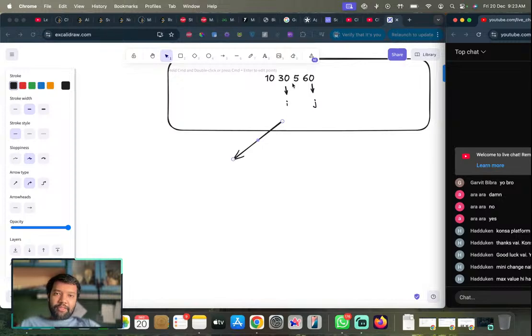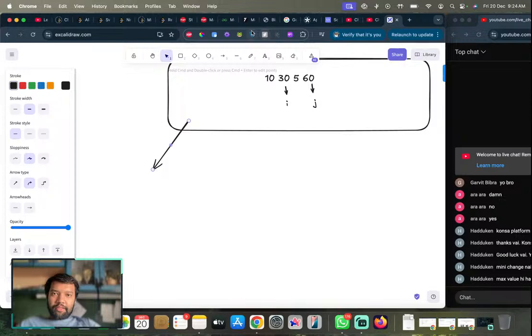It becomes here, so i and j will be equal, and the second part will be i and j, where i becomes here, 5 and 60 will be the second part. These are the two partitions that happen at first.